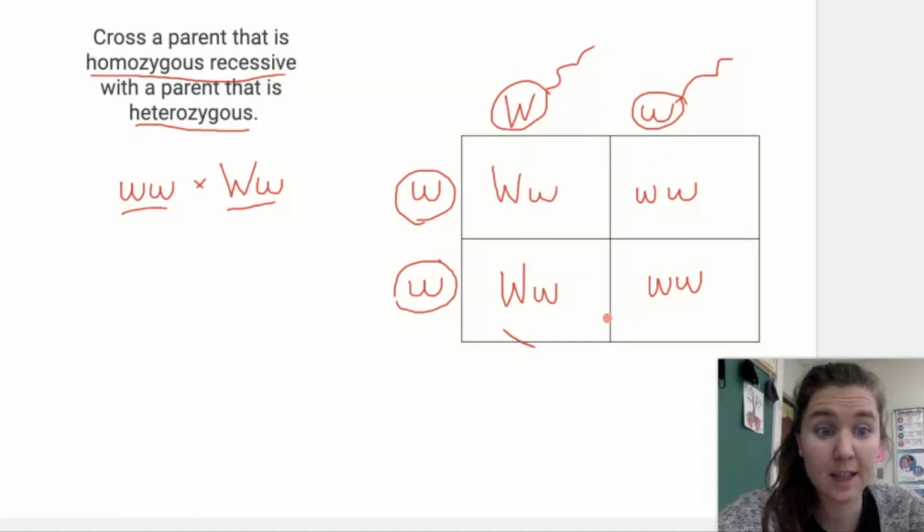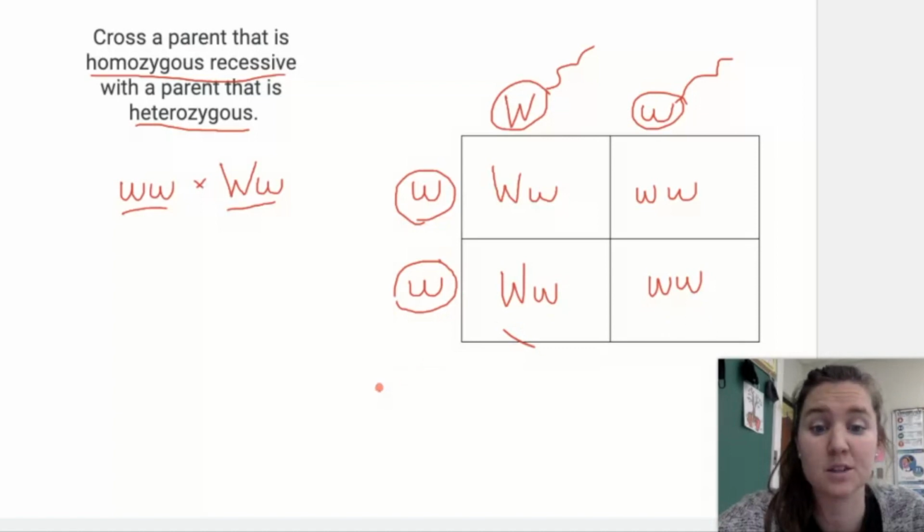So if we look at this then, 2 out of the 4 would be heterozygous. 2 out of 4 is homozygous recessive. So what that means is it's a 50-50 chance. 50% chance that the offspring would be heterozygous, 50% chance that they would be homozygous recessive.